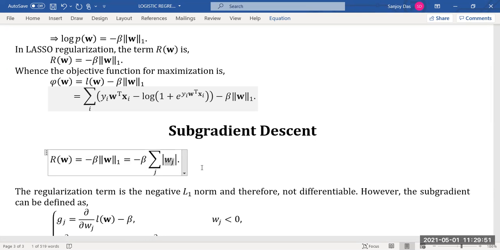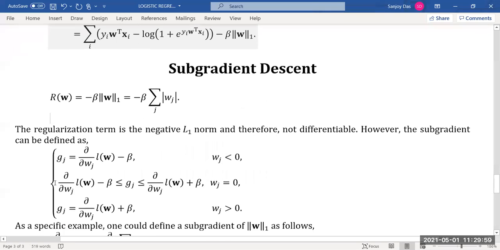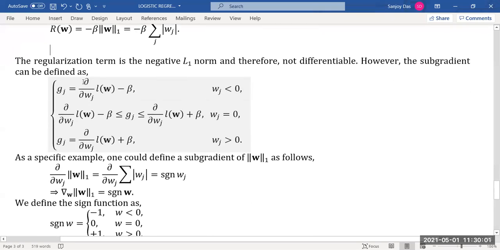We've seen that earlier. Hence we get this for when Wj is less than 0, greater than 0, and when Wj is equal to 0, the subgradient Gj is anything between this and this.